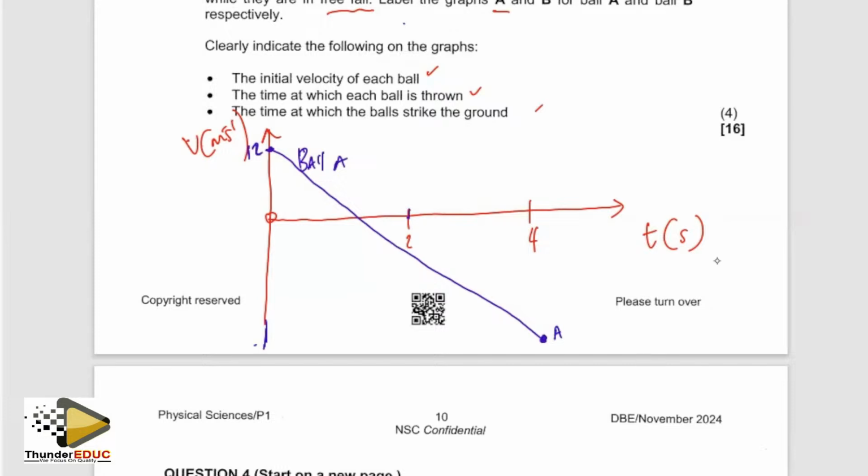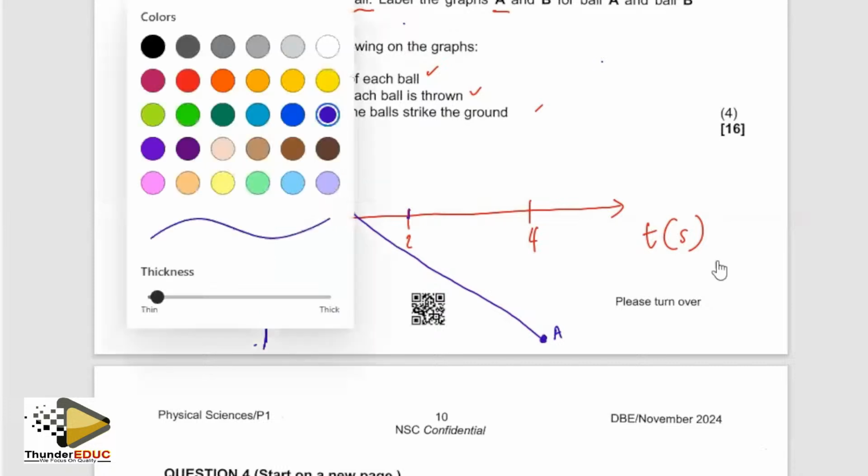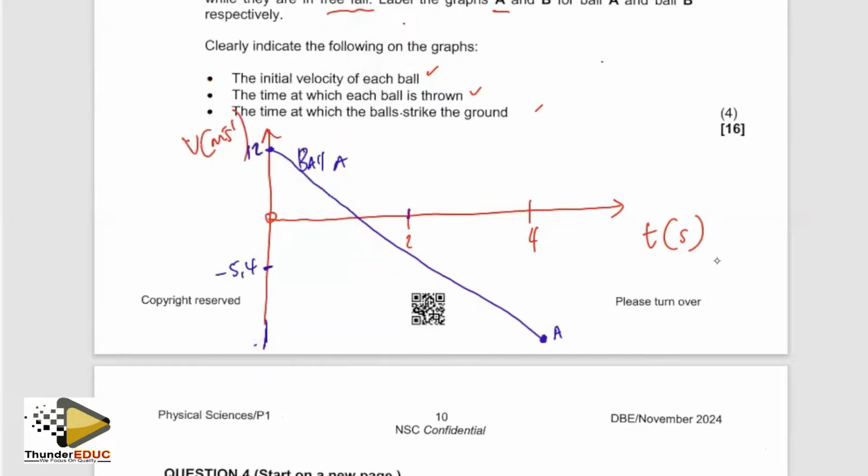Then graph B, it's having 5,4 in the negative direction. So I'm going to have a 5,4 somewhere there. But then this 5,4 is projected from 2 seconds, so the graph will just move up until the two meet up.